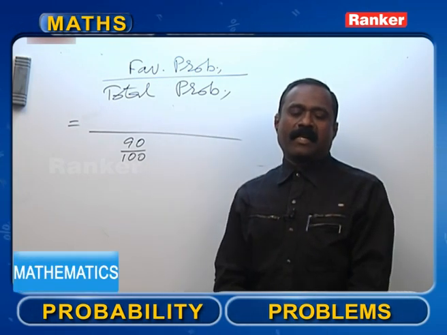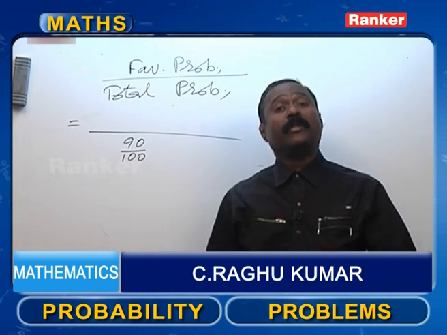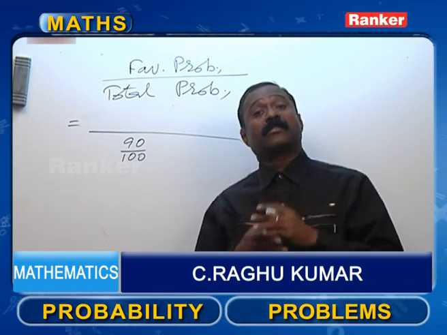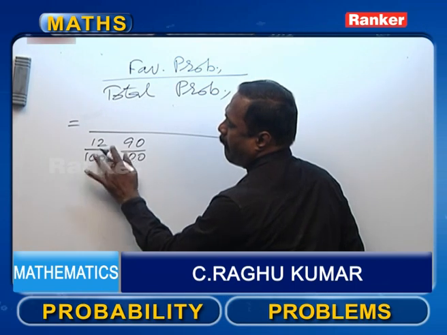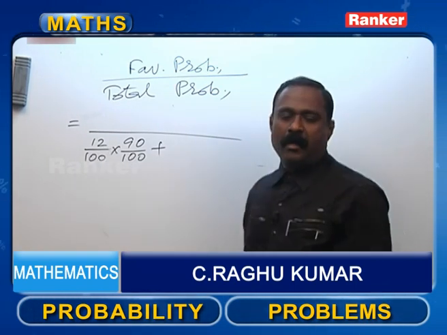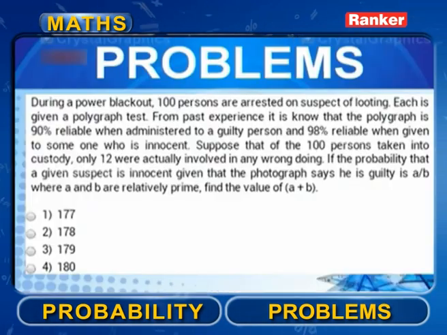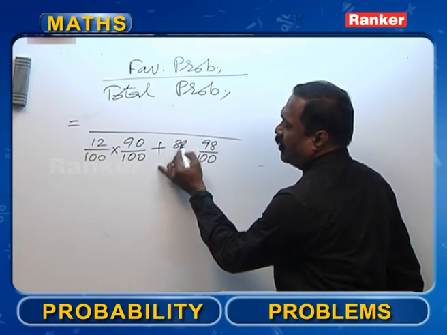According to the data, only 12 were actually involved in wrongdoing if 100 persons are chosen, so it is 12 by 100 into 90 by 100, plus the reliability when applied to an innocent person, which is 98 by 100. When 12 are found to be guilty, the remaining people must be innocent.